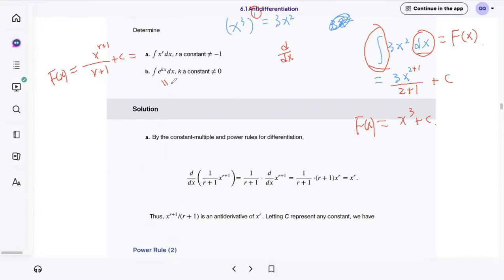The second one equals e to the kx divided by k plus c. Right, so we can write it as 1 over k e to the kx plus c. And that's it. Make it easy. Okay, it's not that complicated. We're just doing the backwards of the differentiation, called anti-differentiation or integration.